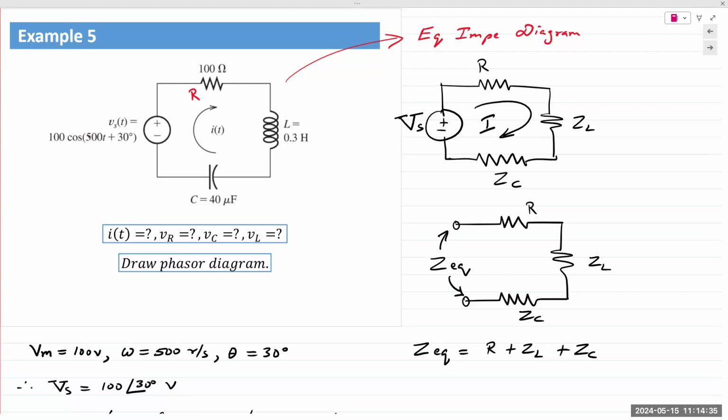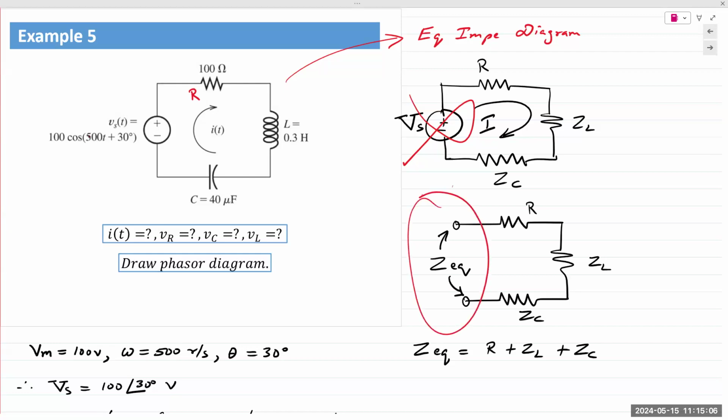So for series impedances, you remove Vs from your analysis and you determine the total equivalent impedance as seen by the voltage source. When you hear the words as seen by, you remove it from your analysis. You analyze the rest of the circuit between those open terminals.